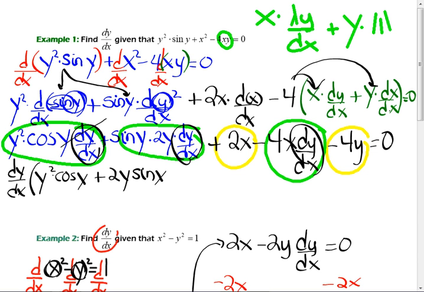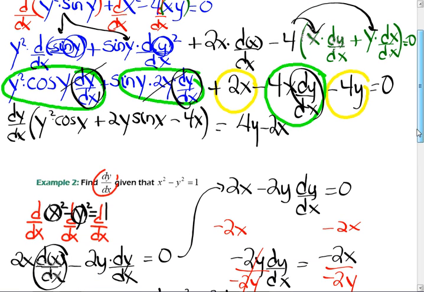Okay, that one's gone, that one's gone. Minus 4x. I got the answer. Equals, and then this is going to go to the other side, so it's 4y minus 2x. It won't be this hard on the exam. And then we divide by this. But this is algebra. Don't worry about all the letters. They are what they are.